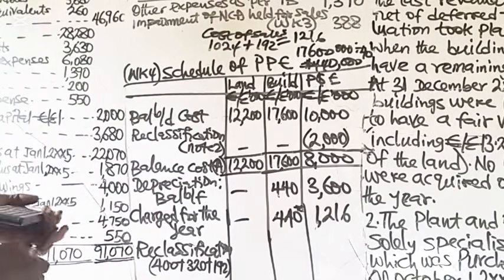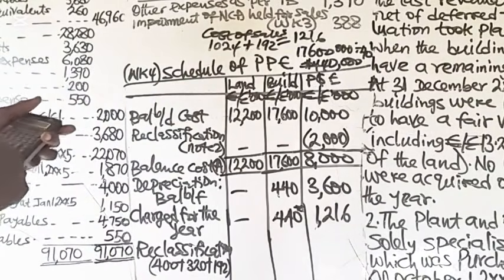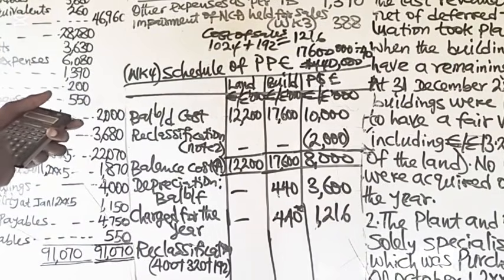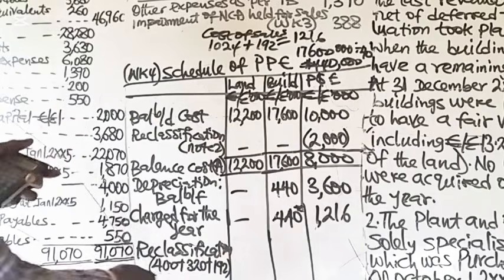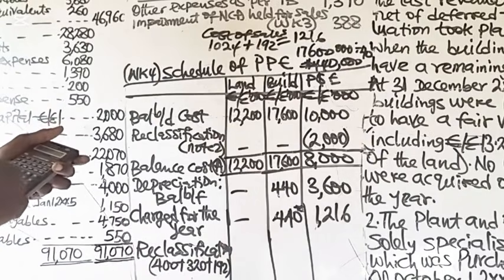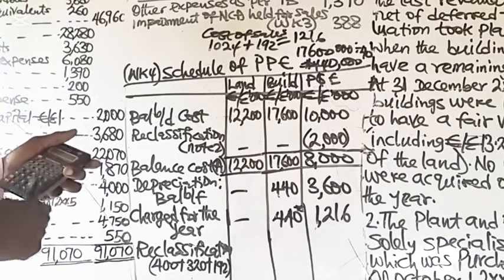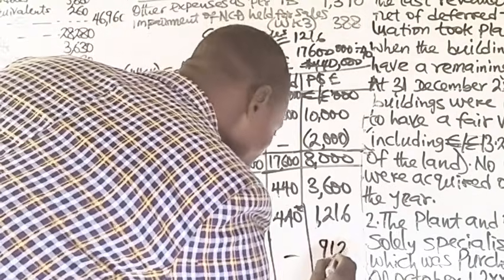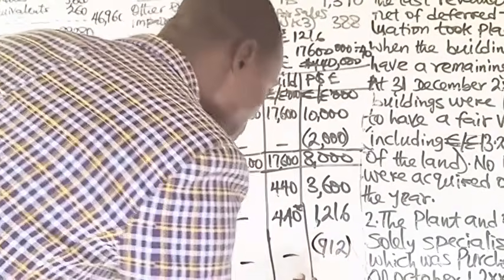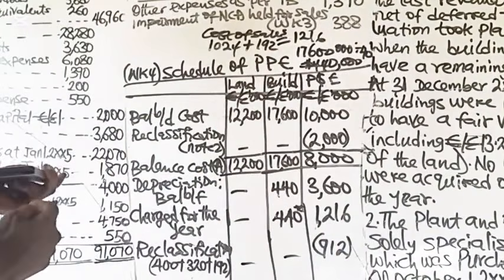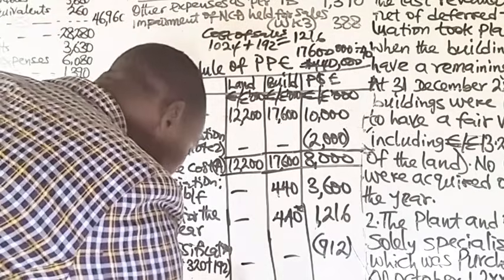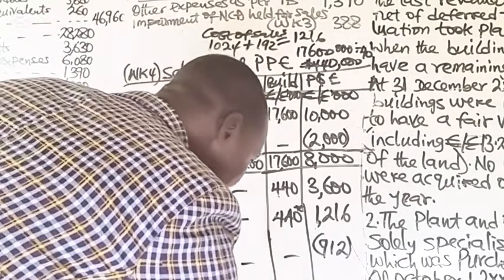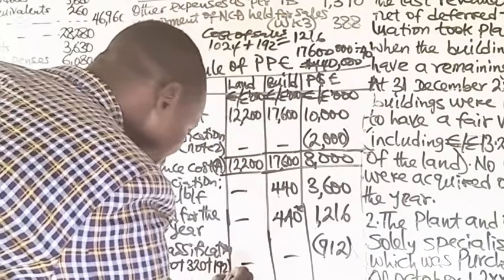So if you sum up these three values, how much is the accumulated depreciation on the asset classified as held for sale? You got 912. So you have to remove that since the asset has been reclassified. So how much is the accumulated depreciation on this asset?